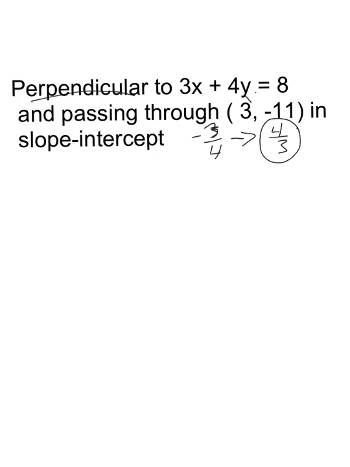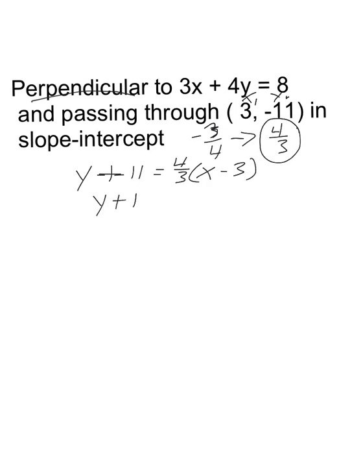Still have a point, x1, y1. So I'm going to use my point-slope formula again. So y minus y1, which is a -11, which makes a positive, equals my slope, my new perpendicular slope is 4/3, times x minus x1, which is 3.